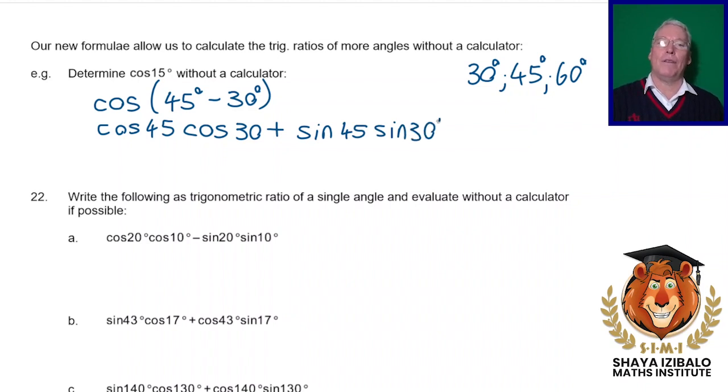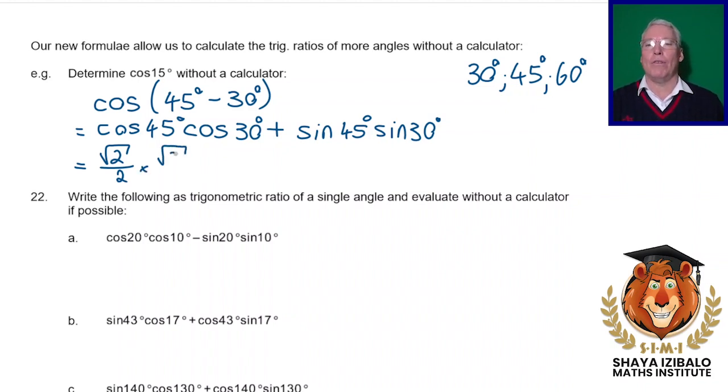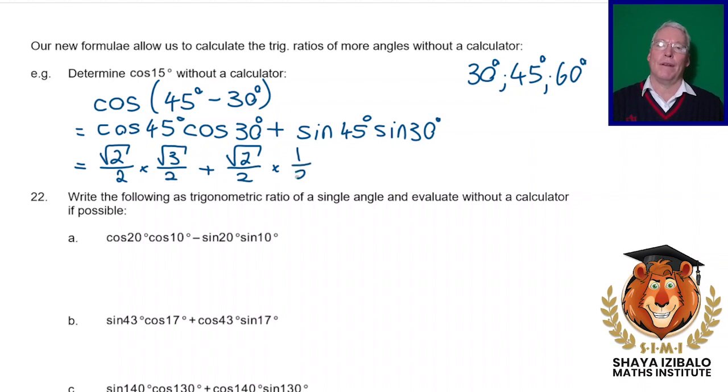Okay, now cos of 45 is root 2 over 2. That's a special angle. We can get it from the special triangles or from that fan. Cos of 30 is root 3 over 2. Sine of 45 is root 2 over 2. And sine of 30 is a half.